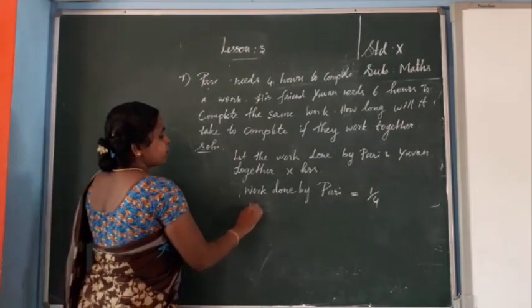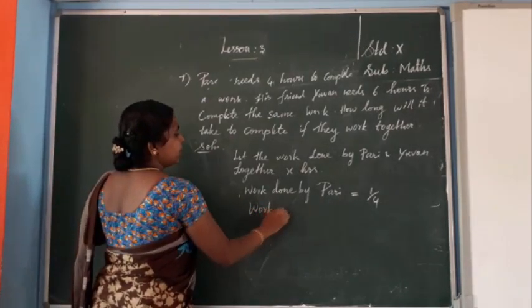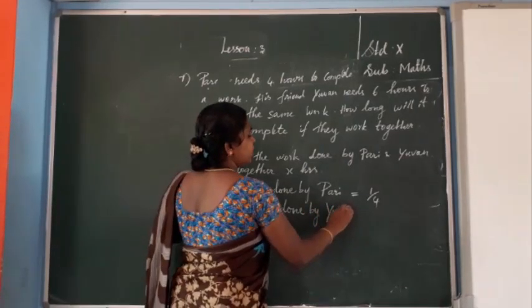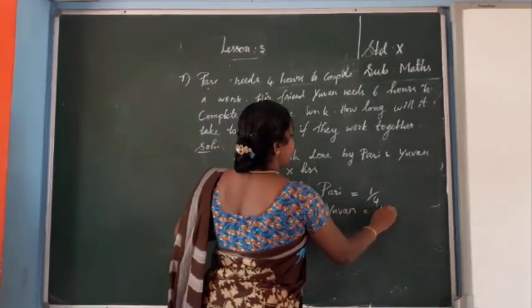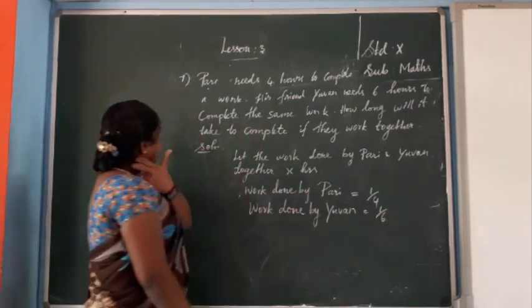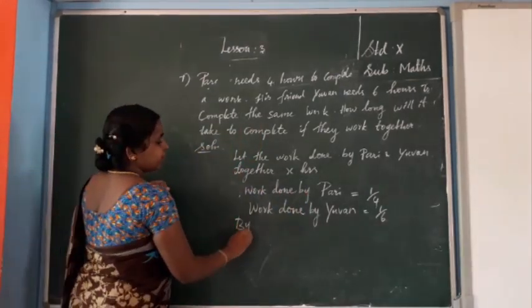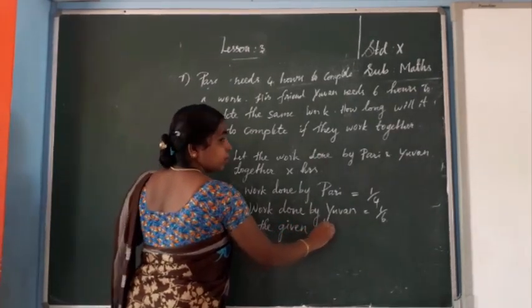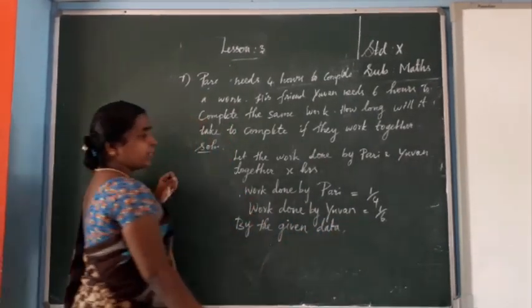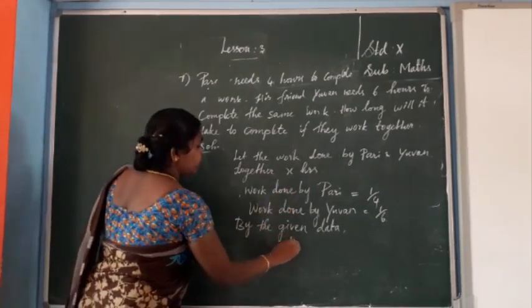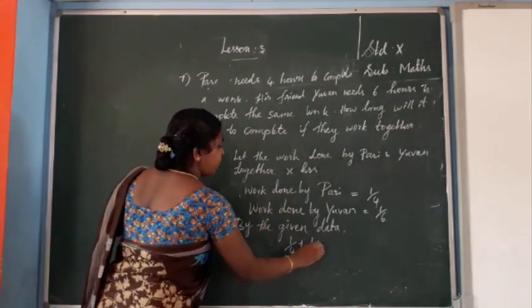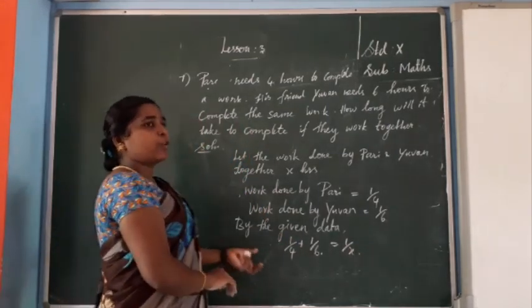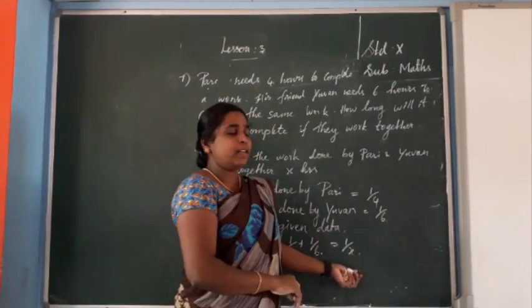One part only you have to write for the problem, time. So work done by Yuvan, Yuvan equal to 6, so 1 by 6 part. So by the given data, if they are doing together, Harry is 1 by 4 plus Yuvan is 1 by 6 equal to 1 by X. If they are doing together they will take X hours.